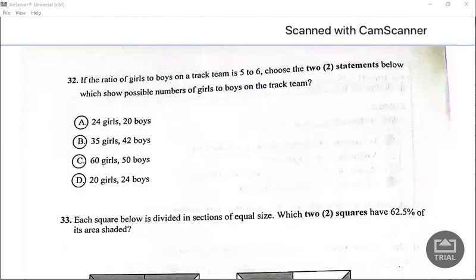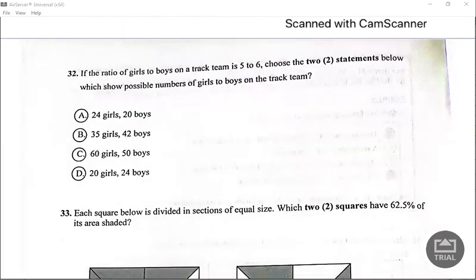Alright, if the ratio of girls to boys on a track team is 5 to 6, choose the two statements below which show possible number of girls to boys on the track team. They list girls first, so girls should be in front, so it's girls to boys. If you look closely, girls is 5 and boys is 6.